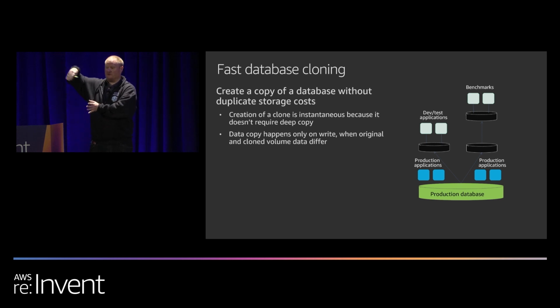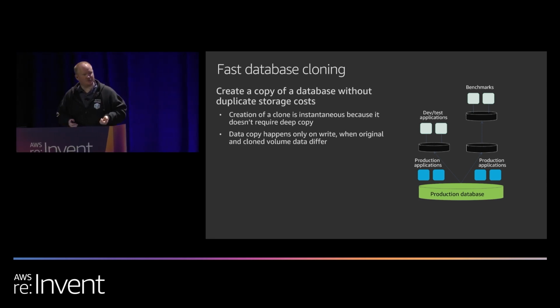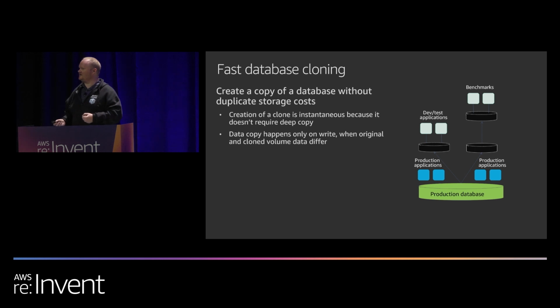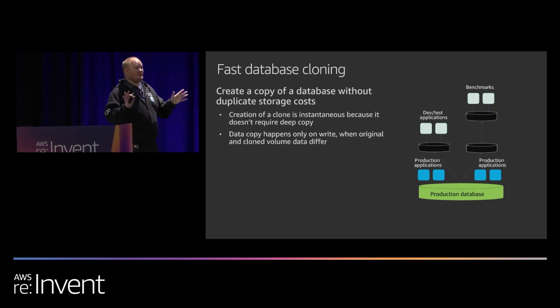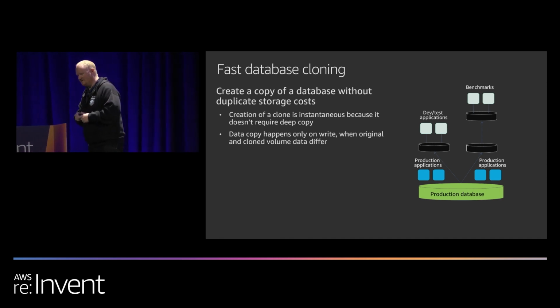So obviously now if you start writing on the clone, well, we need to keep track of what changed. And those pages you'll pay for on the storage side. But as long as they're not diverging, you only pay for what you actually used. You created the 64 terabytes, and you're paying for 64 terabytes, even though you have two fully readable, writable instances, leveraging this with minimal or no performance impact.